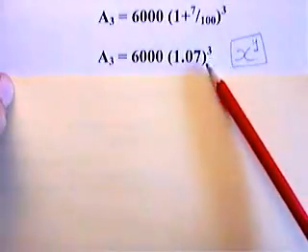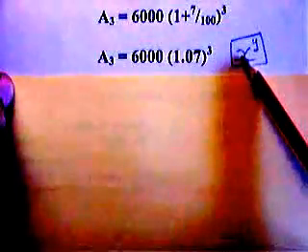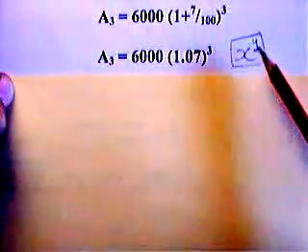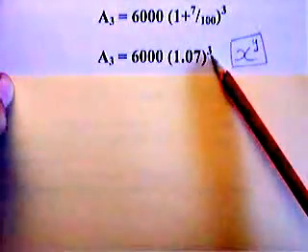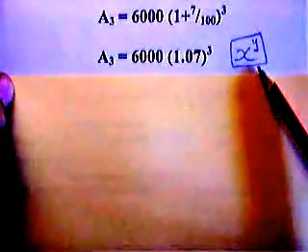But this is a much more powerful way, or quicker way of doing the same calculation. You would key in 1.07 to your calculator, then you would press this power button, and then you would press in 3, and then you would press equals, and it would give you the same answer.